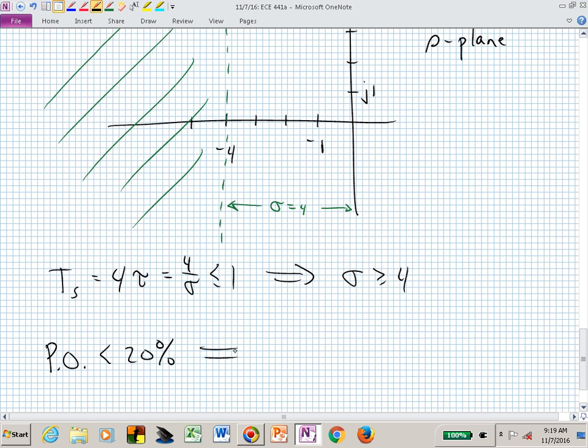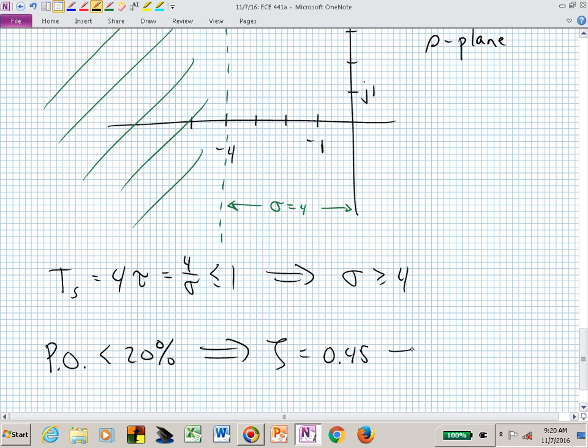For a percent overshoot less than 20%, we could look at our table or our figure. Is it 5? I forget the number now, which figure that is, but this corresponds to a zeta value of about 0.45.